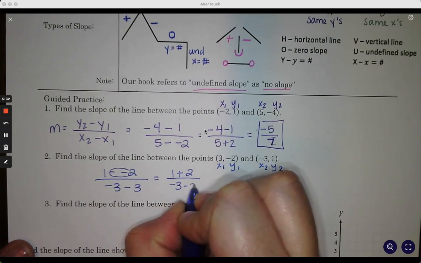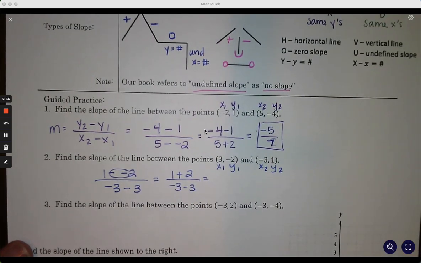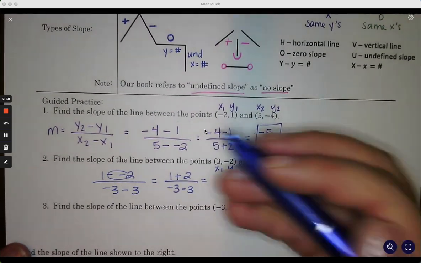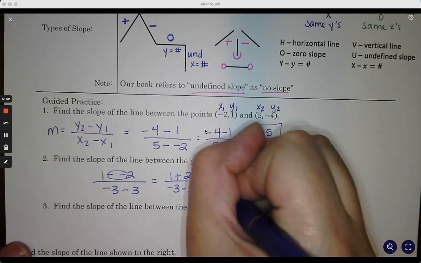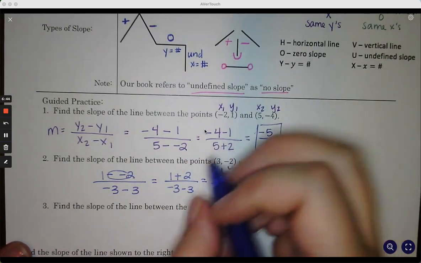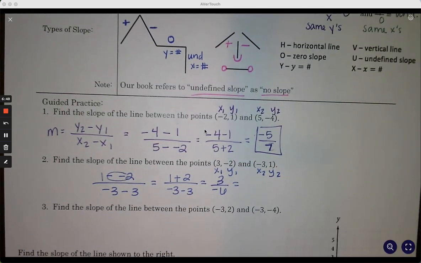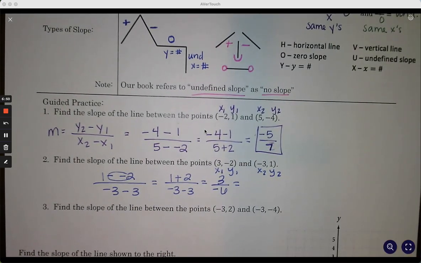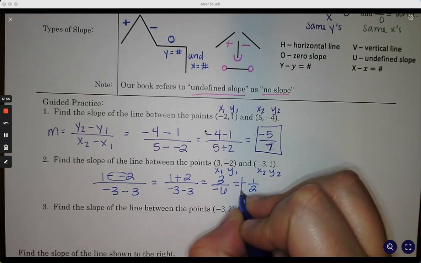Negative 3 minus 3. Okay, a lot of people say negative 3 minus 3, it's 0. No, no, no, no, no. Negative 3 minus 3 is a beautiful negative 6. Okay, 1 plus 2 is 3. Under normal circumstances, I would say leave it like that. However, you can simplify to negative 1/2.